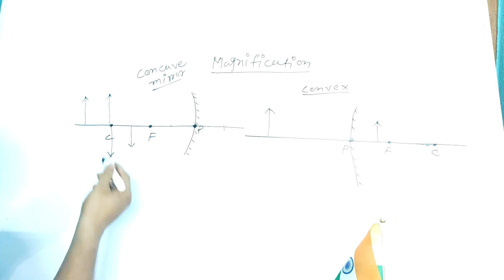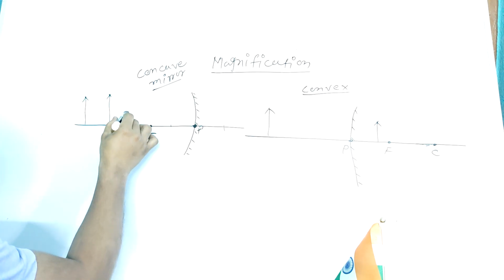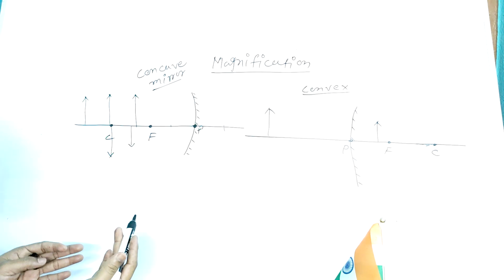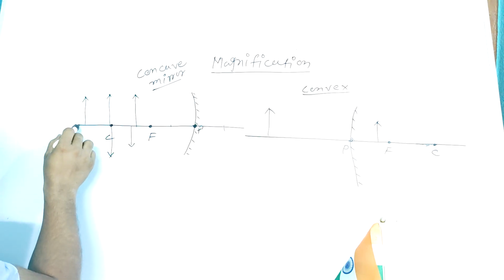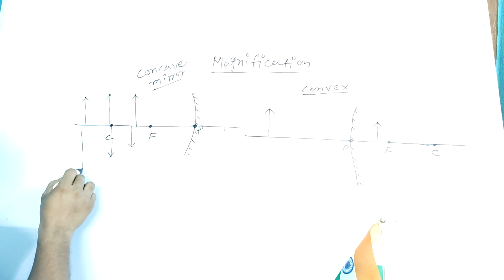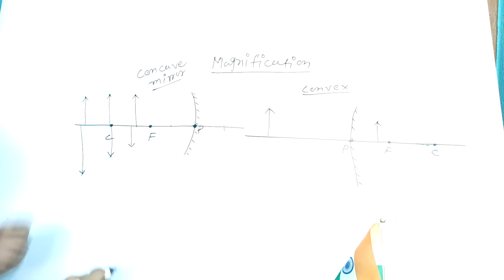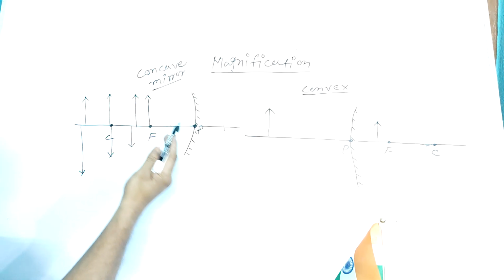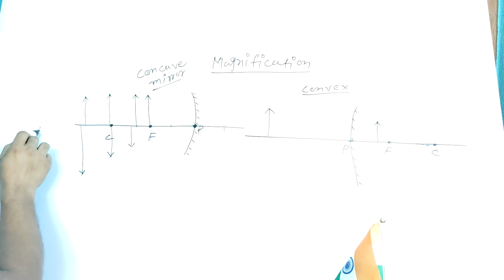If we place the object between C and F, for example, I am placing the object over here, then we can see the image is forming beyond C, and it is a magnified image. If we place the object at F, then the image is forming at infinity, and it is highly magnified.